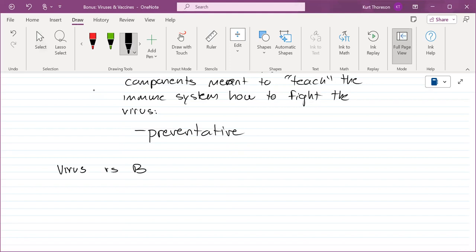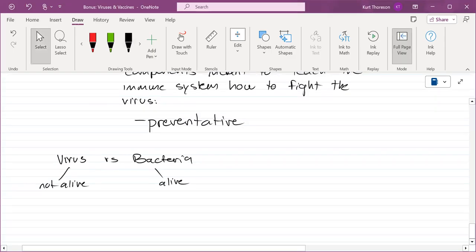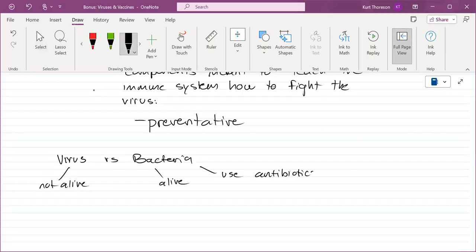Virus versus bacteria. A virus is not alive. Bacteria are alive. What do you use to fight a bacteria? You use antibiotics. Viruses have vaccines, and they are preventative.